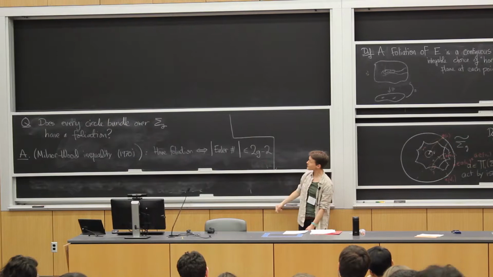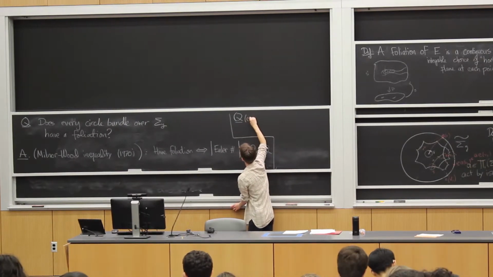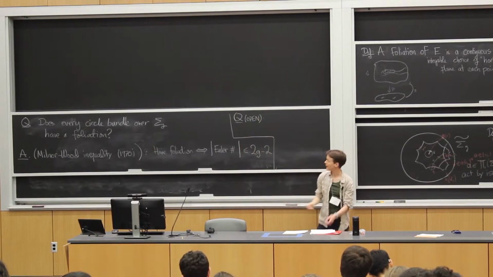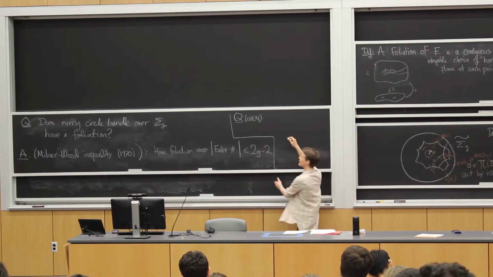There's a question with an answer. Here's a question with no answer, which for the moment I'll just state vaguely. Okay, we know when circle bundles have this foliation.